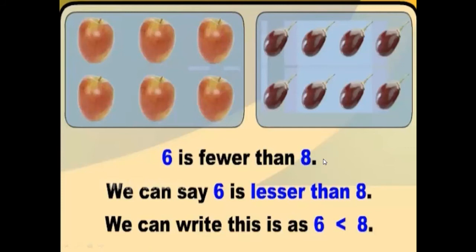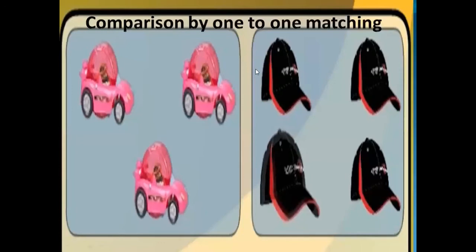Let's share the other example, comparison by one-to-one matching again. In this group, how many cars can you see? Yes, we have 3 cars, and in the other group we have 4 cabs.